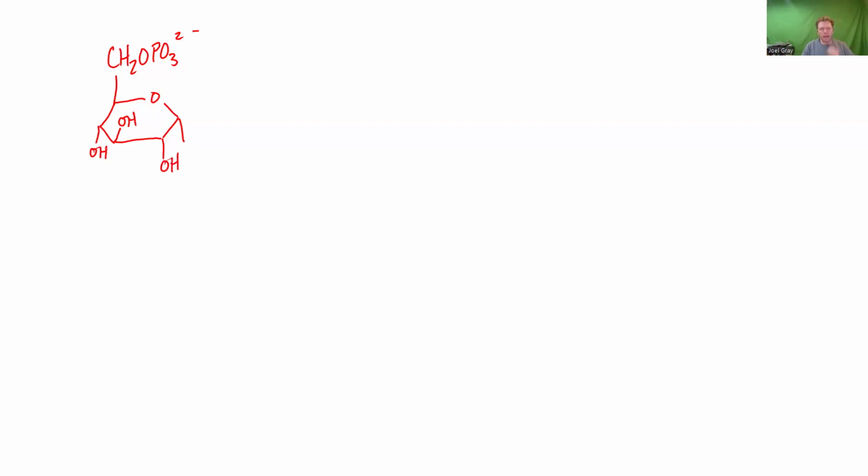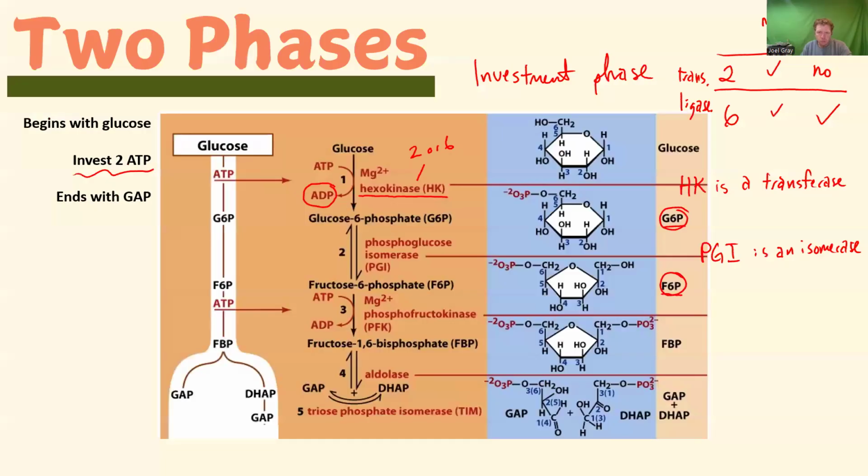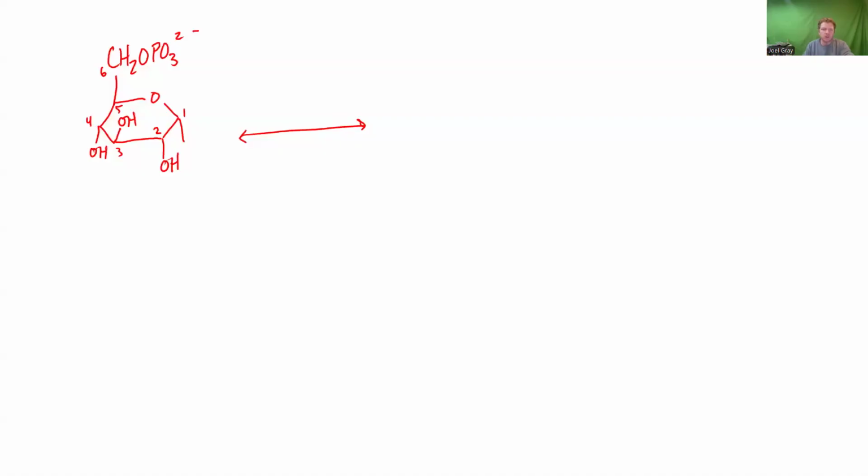Could you give me a Y in the chat if you agree that that is glucose 6-phosphate? I've got carbon 1, 2, 3, 4, 5, and 6. Okay, so there's my 6 carbons. Awesome. Now I'm going to rearrange this. I'm going to isomerize it. That isomerization is going to be completely reversible. So now I'm going to make, let's see, a 5-carbon or a 5-membered ring.